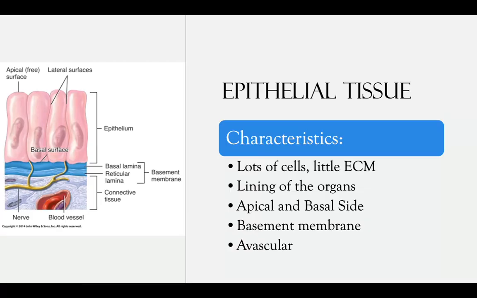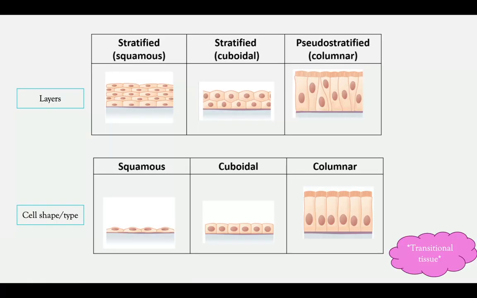So let's talk about the subcategories of epithelial tissue and how we name them. So there's a few different ways that we classify epithelial tissue. The first way is looking at the layers of cells. Okay, so looking at layers, we can either have many layers, or just one layer.